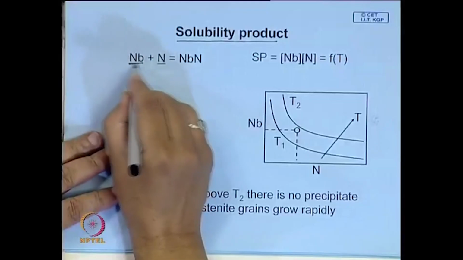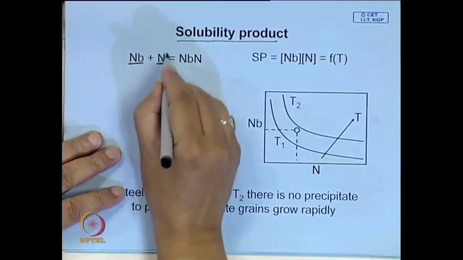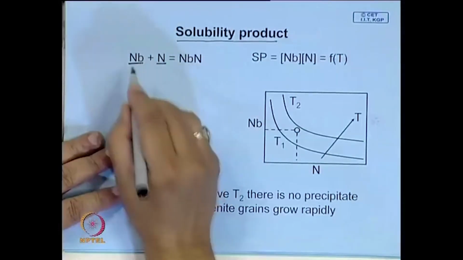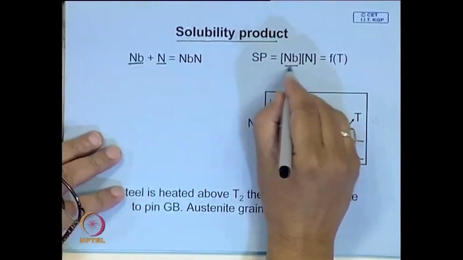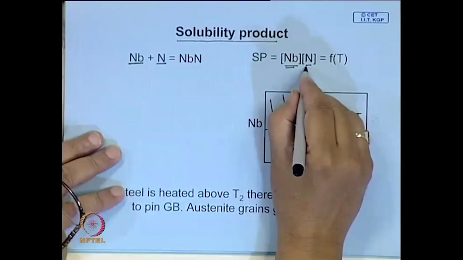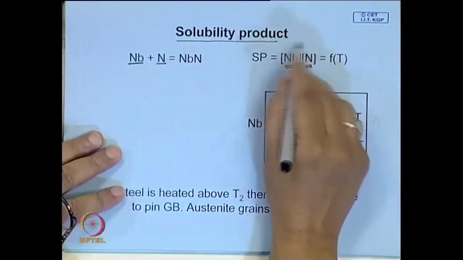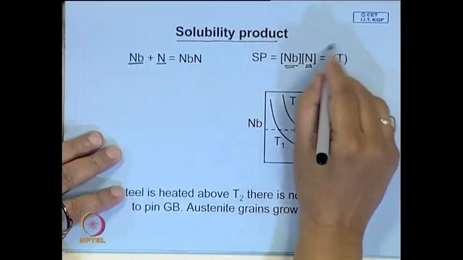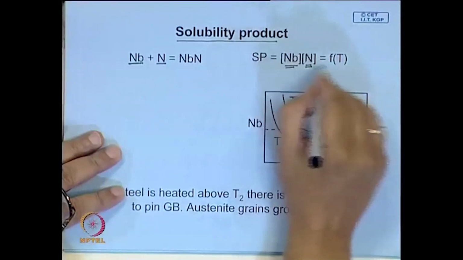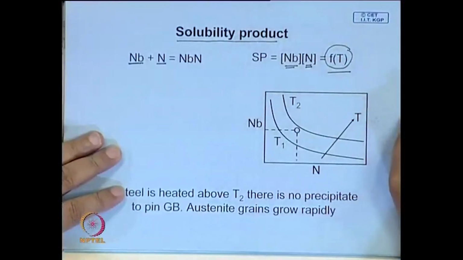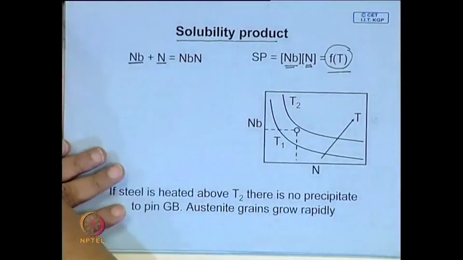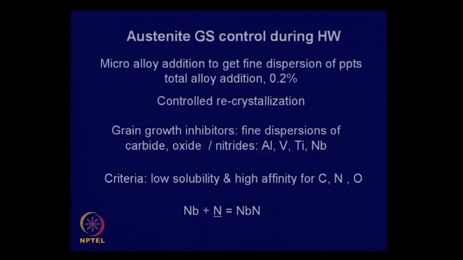So, niobium which is dissolved in steel, and nitrogen which is dissolved in steel, and the solubility product is the weight percentage niobium in steel times the weight percentage nitrogen in steel, which remain in equilibrium at a particular temperature. This is a strong function of temperature, and it is possible to show it very easily. Here we will see.